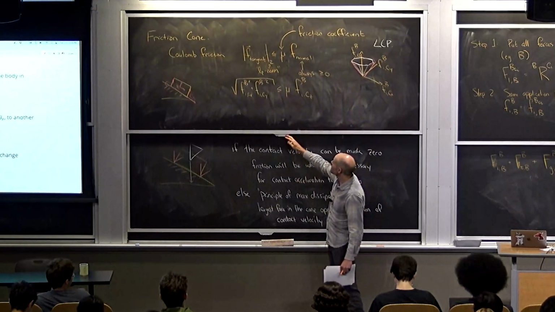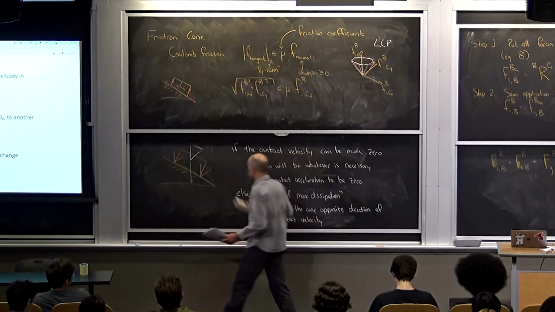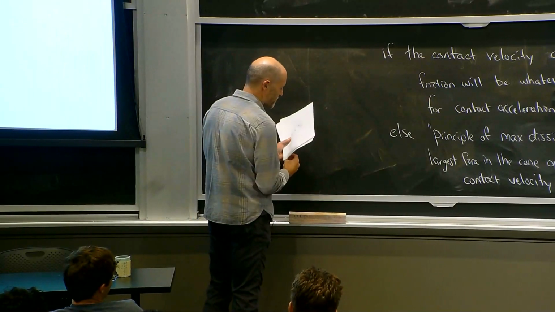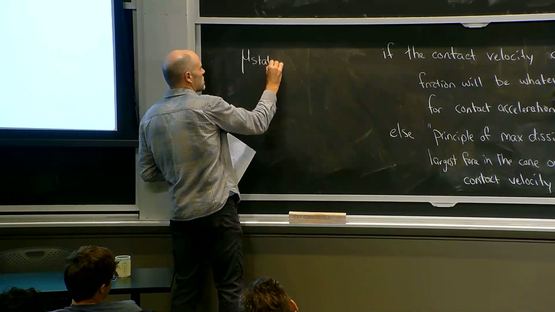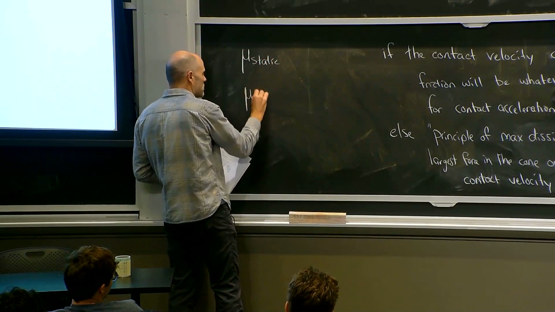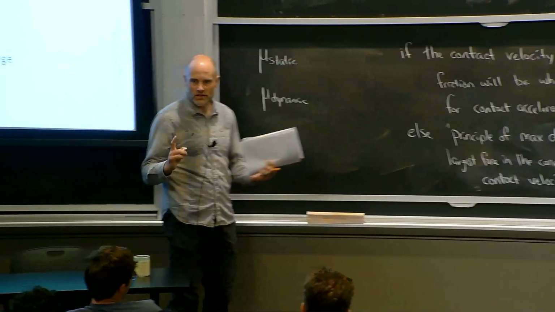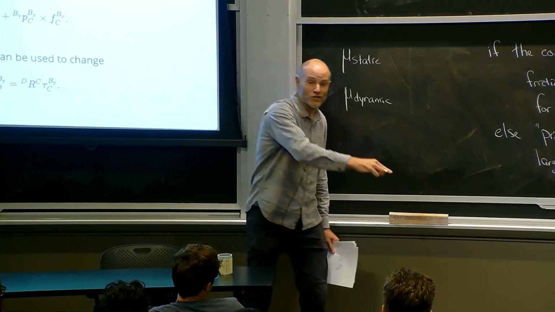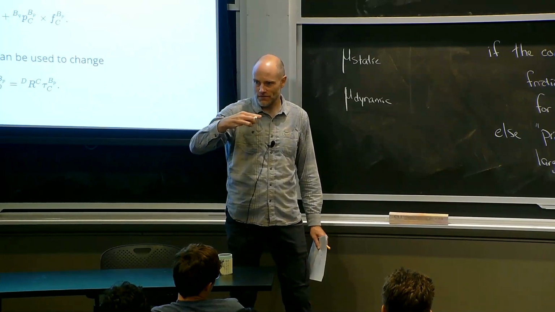And you'll see sometimes mu static and mu dynamic, right? So you can have static friction or dynamic friction. It's kind of interesting, but the friction you get once you start sliding tends to be lower than the sticking friction.